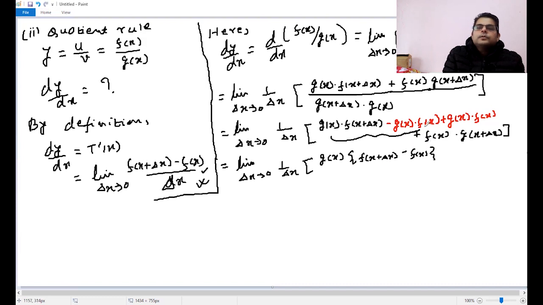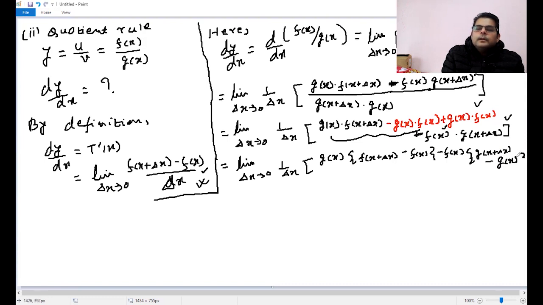Yeah, at last it should not be plus, it is minus. Okay, so this is the minus sign. All right, so let's take this minus sign in front. So if you take the minus f(x) common from these two terms, then inside the bracket you'll have, first minus is plus, so it is g(x+Δx), and then this plus will become minus, negative sign, so this is minus, f(x) is taken common out, so this is g(x).